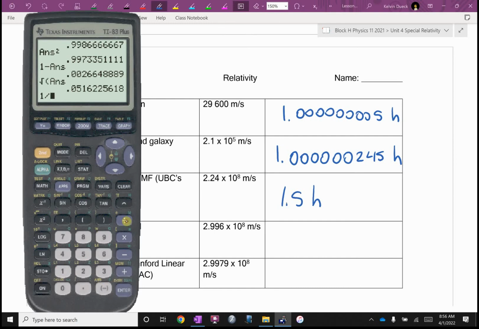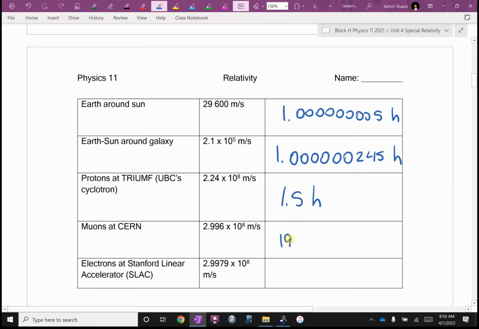And then 1 divided by that. 1 hour for the muons is 19.4 hours for the researchers. And that absolutely they would have to take into account when they're doing their research.